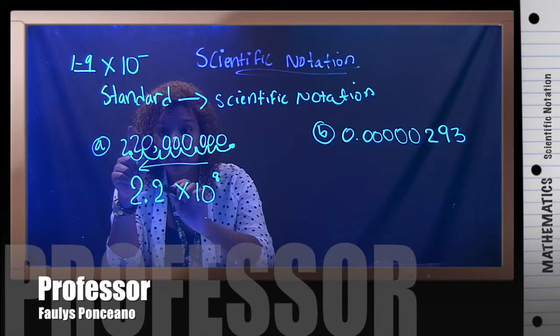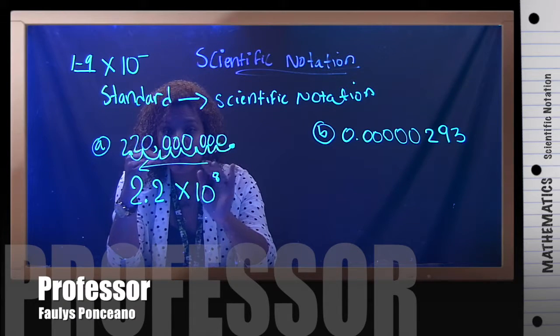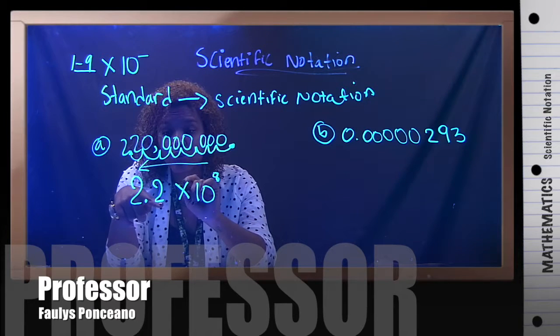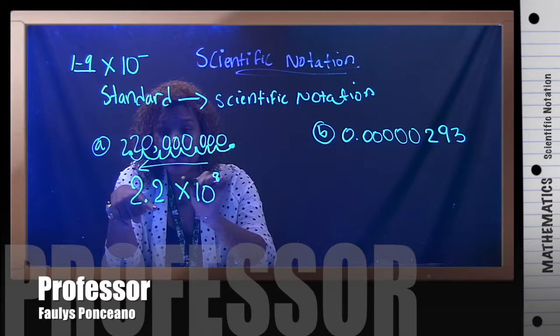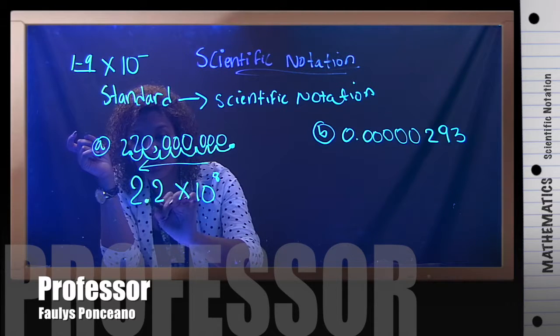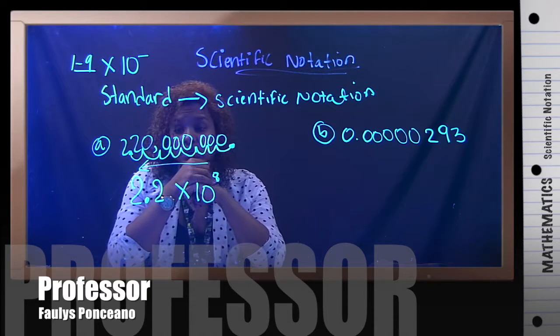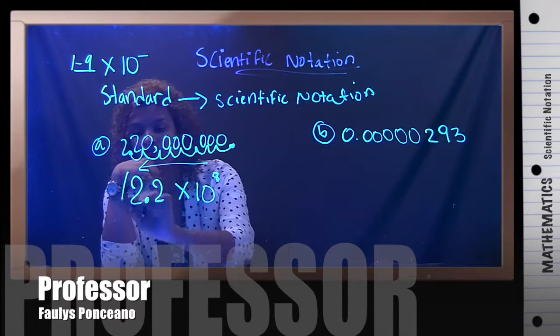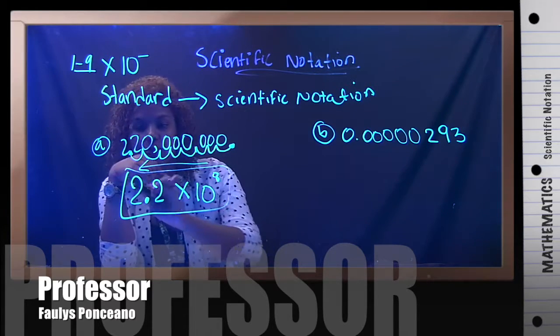Because whenever you go back and put it, empty spaces are zeros. But if you don't put this 2, when you go back and write it in standard form, you'll put it as a 0 because it's not there. So you have to leave the 2. So that's 2.2 times 10 to the 8th power in standard form.